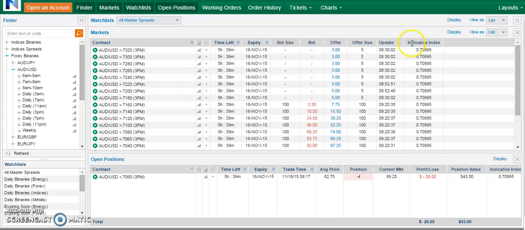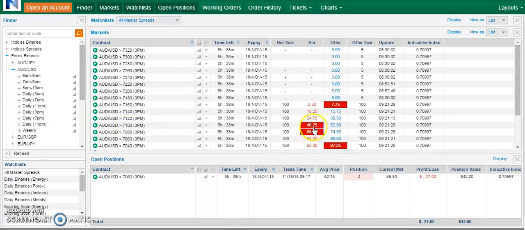The indicative index right here is just a big word for what the at-the-money price is right now. And the at-the-money price right now is about 70.99. Actually, it just hit 71.001, 71,000. So if you look here, right, this strike price, there you go, 71,000.